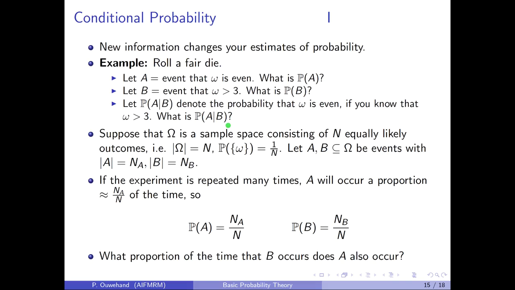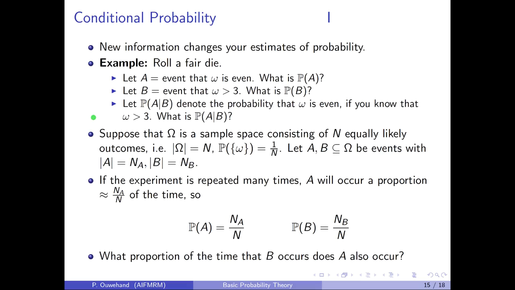Well, in this case, we know that the outcome is either a 4, a 5, or a 6, and two of those numbers are even, namely 4 and 6. Hence, the probability is 2 out of 3. Hence, initially, before we know that B has occurred, we estimated that the probability of A is equal to half, but the information that the event B has occurred has updated this probability, and it is now 2/3.